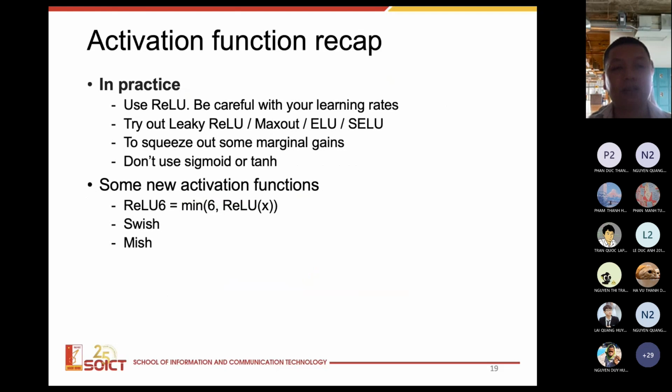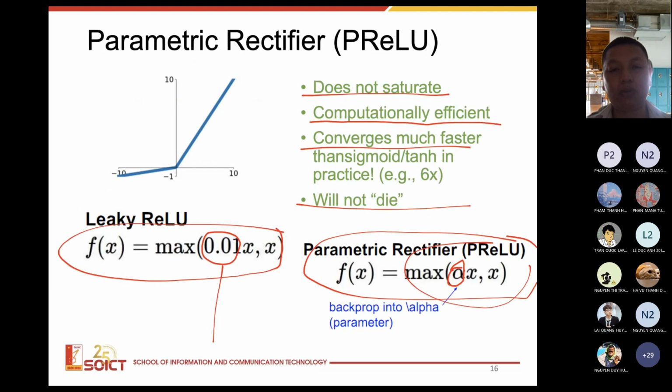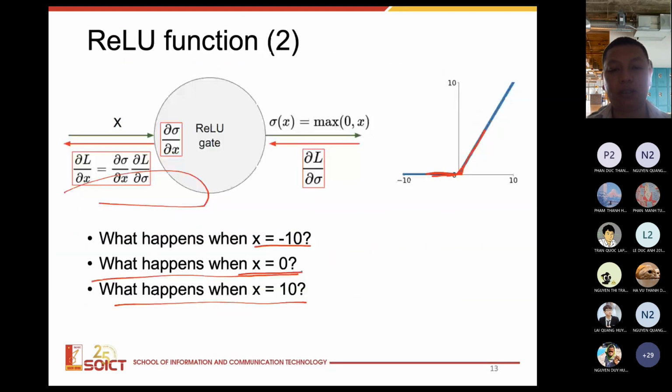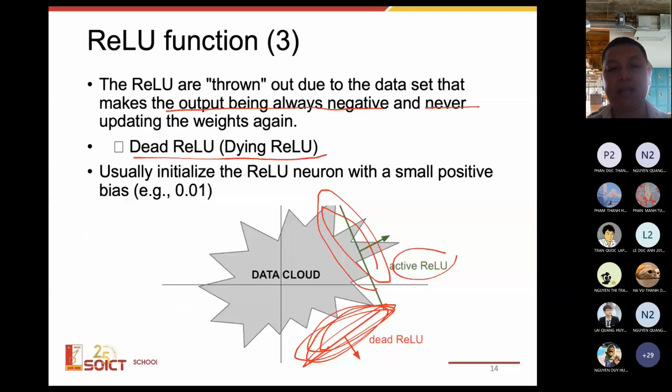So in practice, people nowadays use ReLU activation function a lot, especially when you are dealing with convolutional neural networks, dealing with image data, right? However, for the ReLU function, you should be careful with the learning rate, because for the ReLU you get the dying ReLU problem, right?